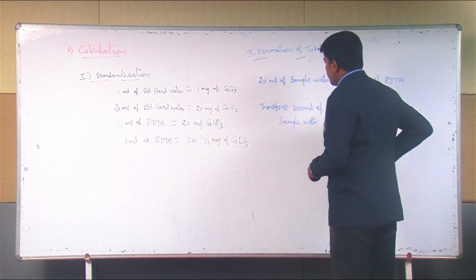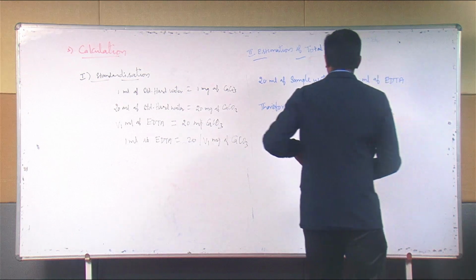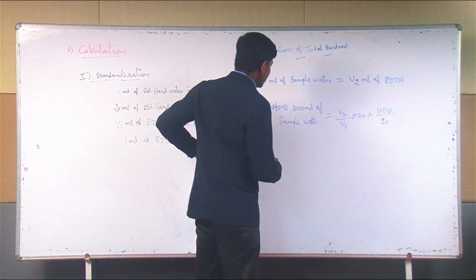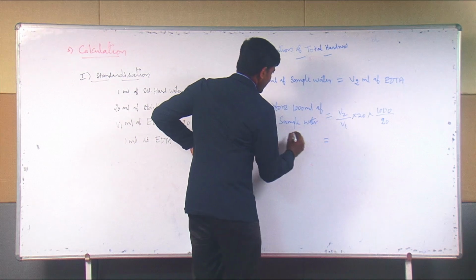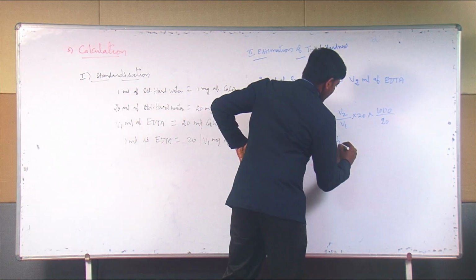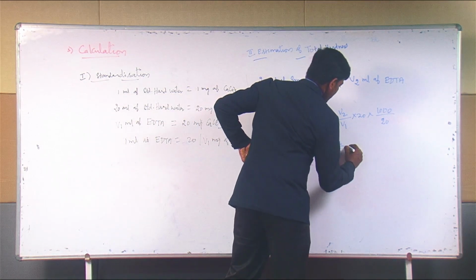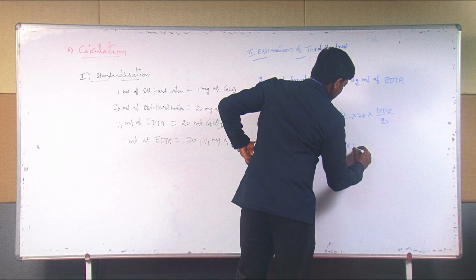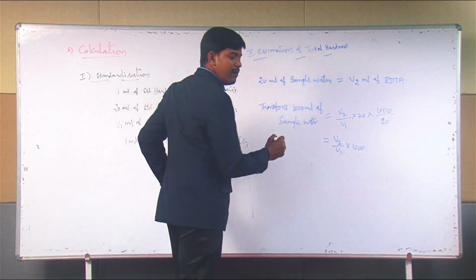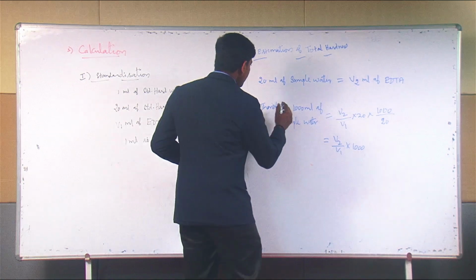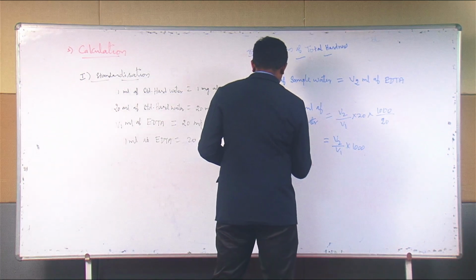So, for the estimation of total hardness, it is V2 by V1 into 1000. By using this formula, we can find out the total hardness.